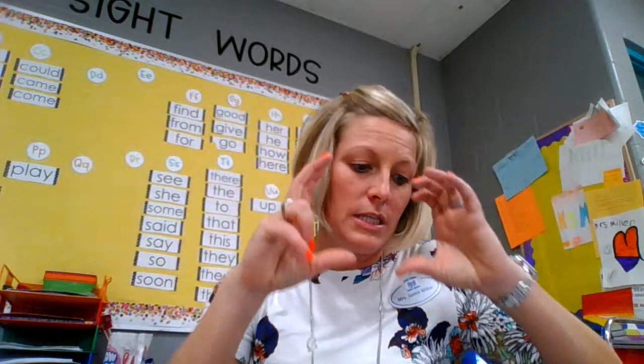Next, I want you to draw 2 circles above the triangle. Oh, I did that wrong. I'm so sorry. Let's try that again. So we drew the big oval, the smaller oval. Then I want you to draw a triangle in the middle of the small oval.